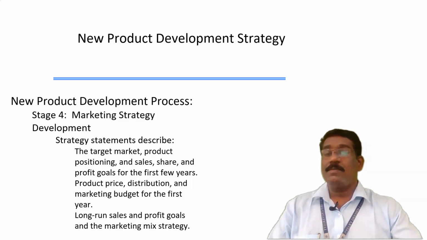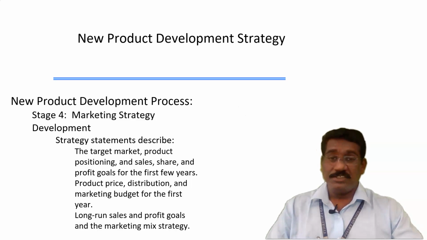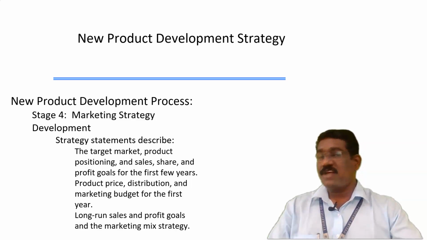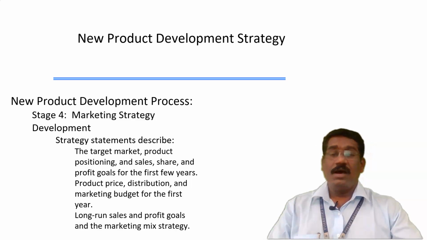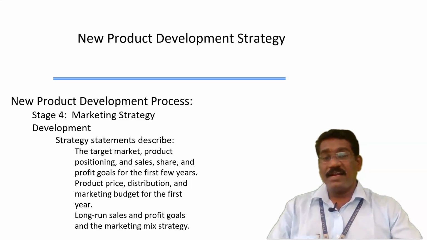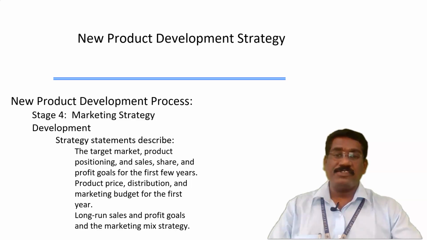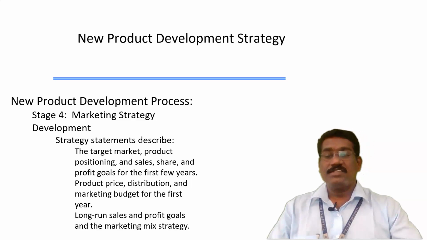Basically, the company will initially work on the STP strategy. What is STP strategy? STP is nothing but segmenting the huge market according to the requirements of the value proposition of your respective products, then targeting that particular segment, and also positioning the product. It means we are trying to occupy a position in the minds of the customers.